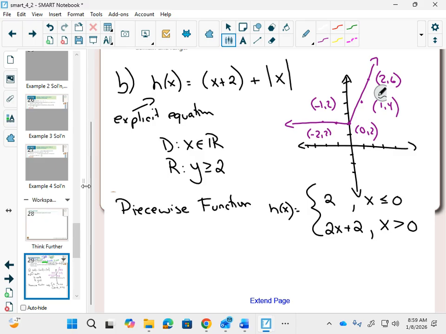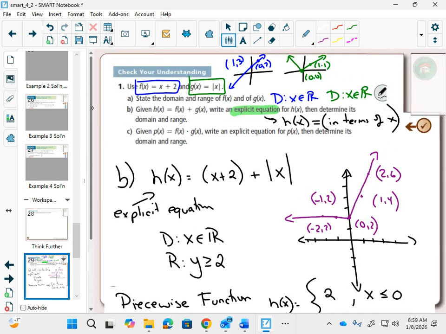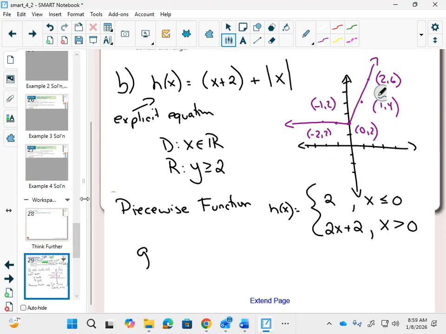The very first piecewise function that I'm going to introduce to you is actually one that you have an explicit equation for. Do you see that the absolute value of x is actually just two lines put together? So I could write it as a piecewise function. On the left side, it's a line with a negative slope.